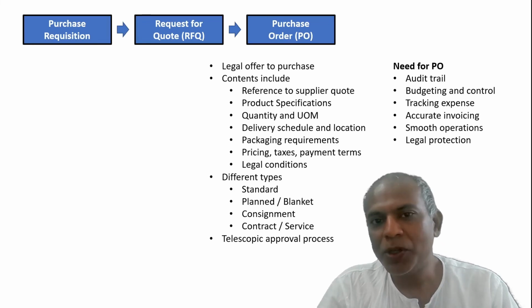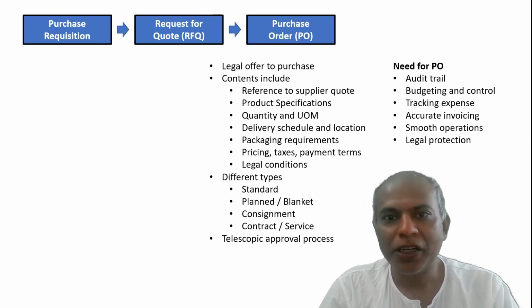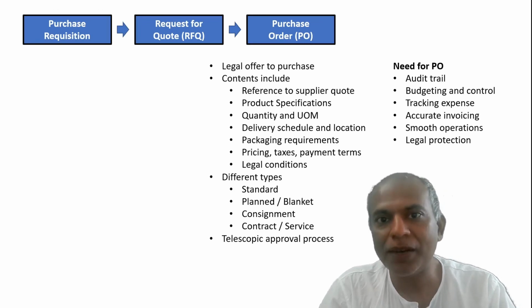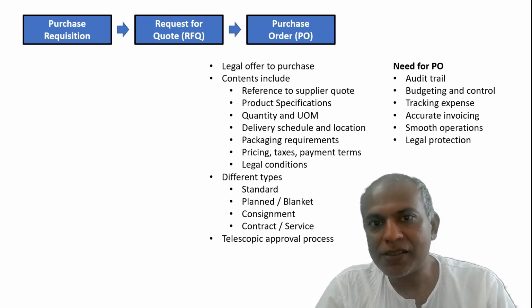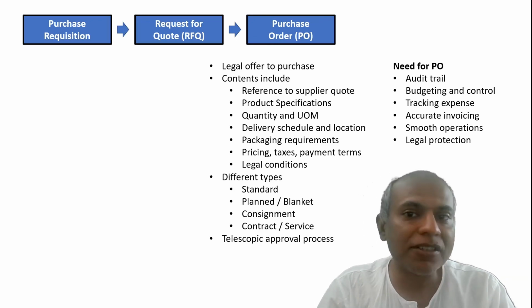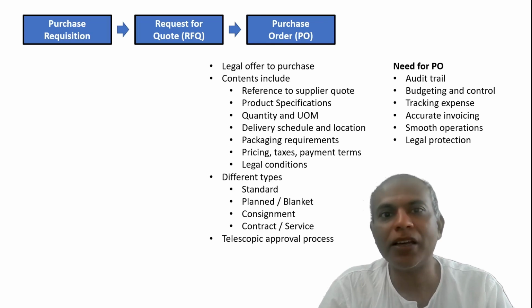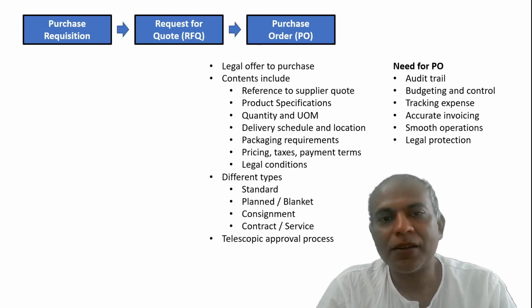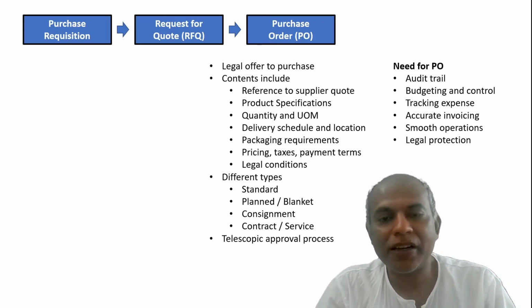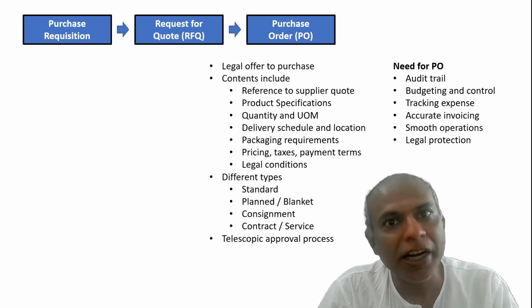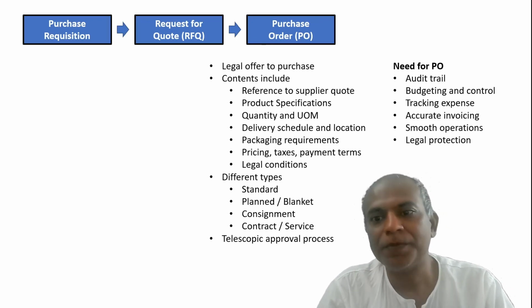And since a PO becomes a valid contract, it offers legal protection to both sides. And so, as a business, I am very clear that, well, the supplier is supposed to do these terms, and if the supplier does not, I have some legal protections. And even for the supplier, there is a guarantee that the supplier can go ahead and produce, get the necessary resources, because she will eventually be paid for the expenses.